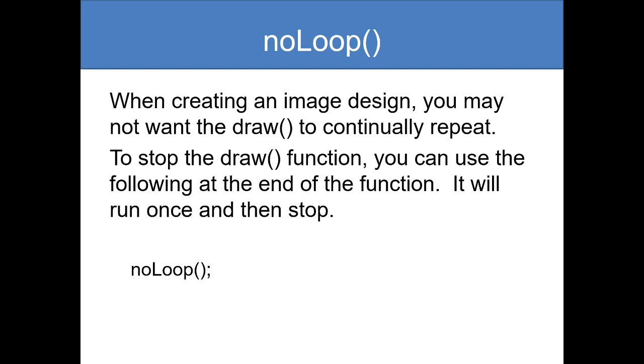It does exactly what it sounds like. It stops the loop. It says draw, we're done. Some people put it in the wrong spot and it just crashes their program. So it's pretty strong, but a good thing to know about.